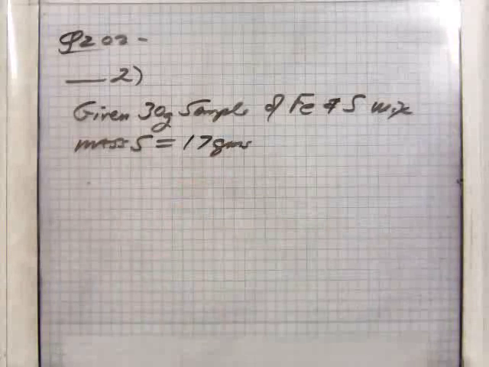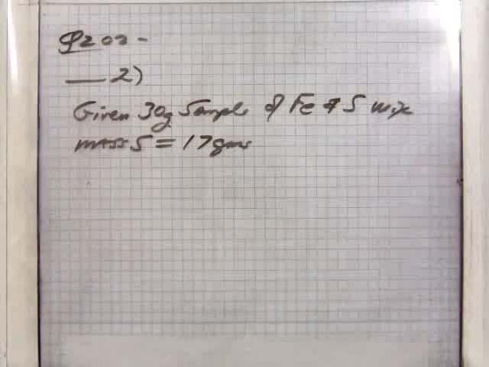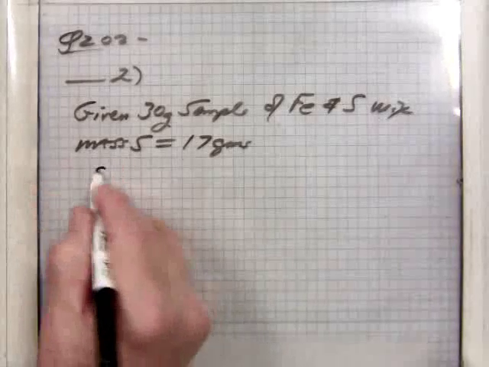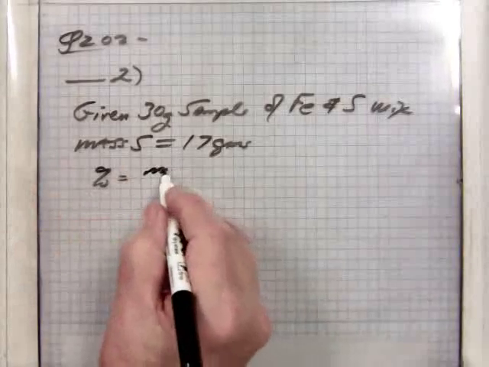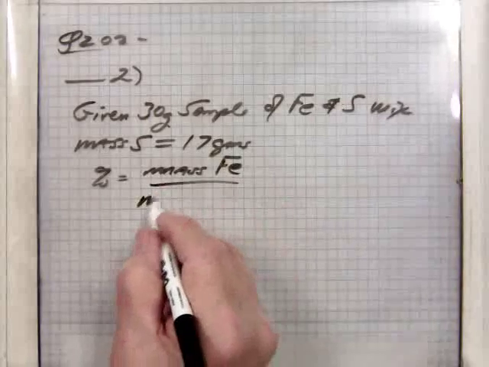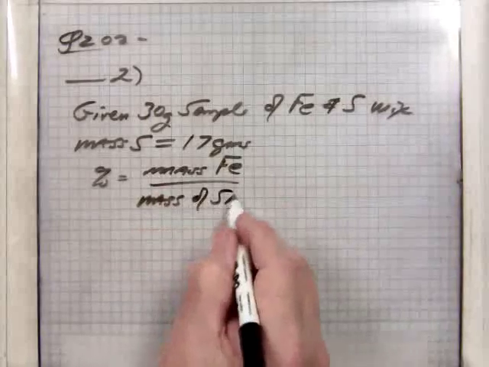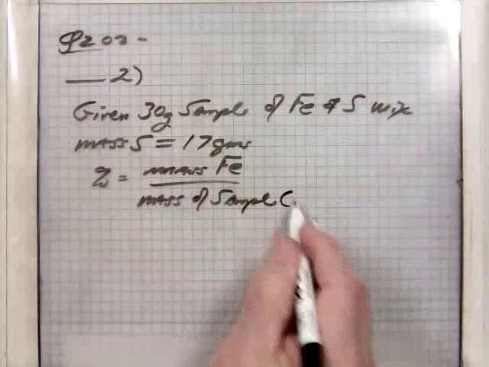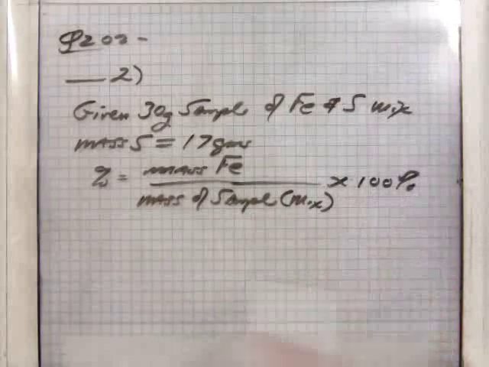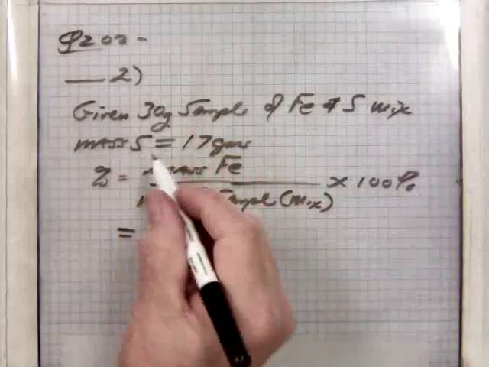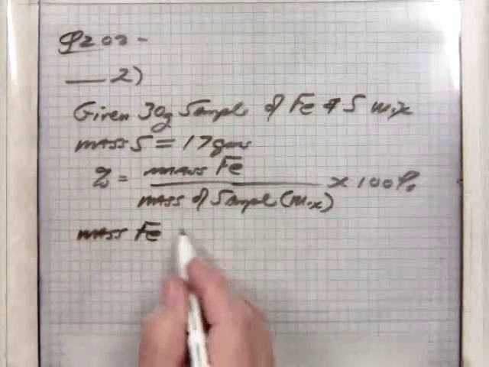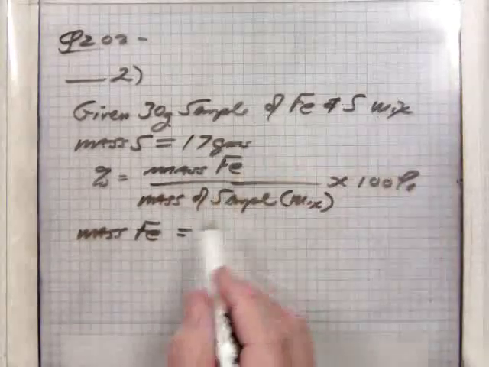Well, again, you're applying the definition of percentage, and that would be the mass of iron over the mass of sample, which is the mix, times 100%. Now, we are given the mass of sulfur, so the mass of iron would be the total mix minus the mass of sulfur.